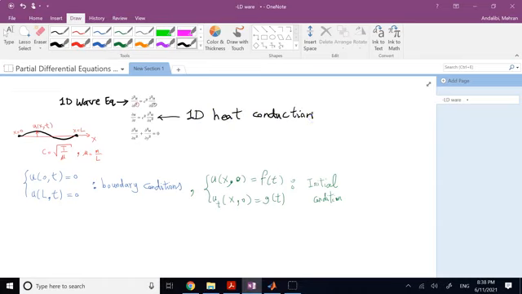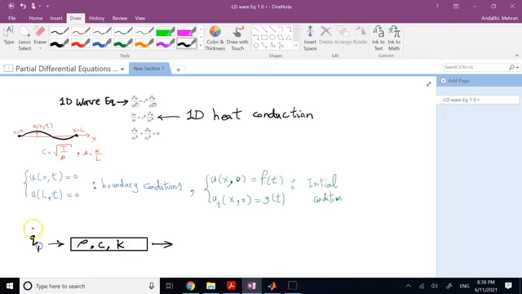So, for example, if you have a piece of metal or any other material, a bar, and there is some heat coming in here, and there is some heat going out, and this material has a density of rho, specific heat of C, and conductivity of K, correct?